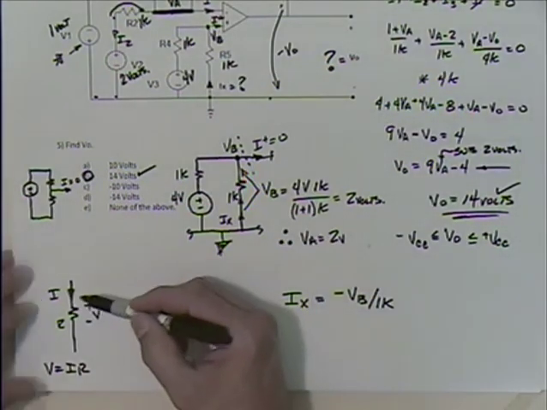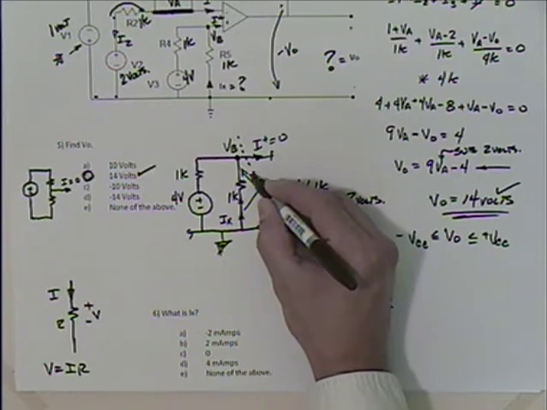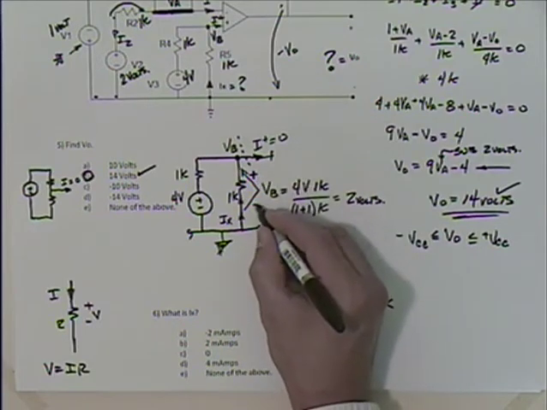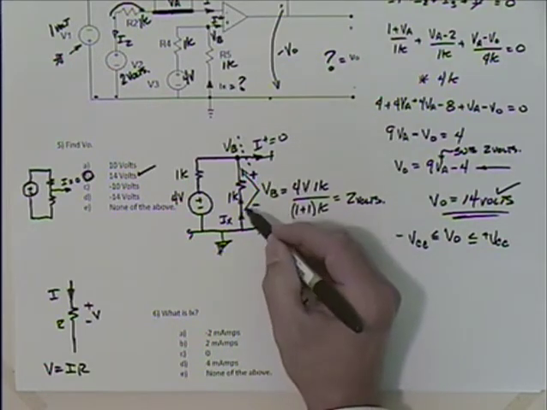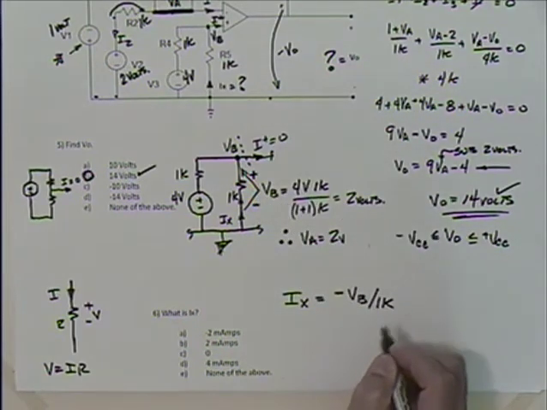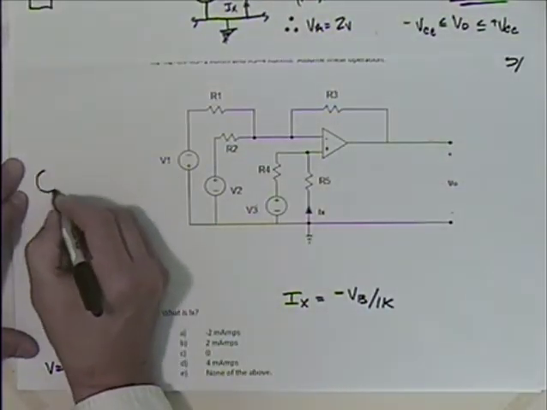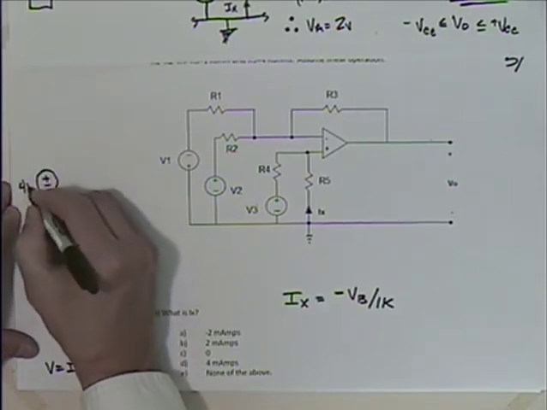So the current was going to go from positive to negative. Well, with VB, we have said that this is positive and this is negative, right? So would we have the current going from negative to positive? No, that's how we ended up with a negative sign. You could also think about this. I think this is how I did it in the solutions.